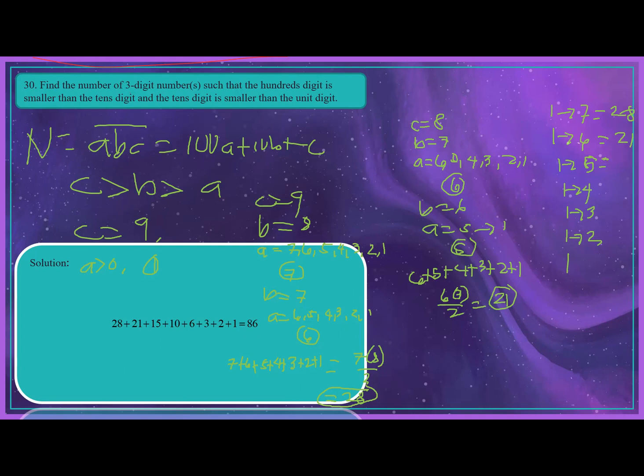The same pattern, so this would be 15. This one is 10. This one is 6. This one is 3. Then 1. Total, this is 86.